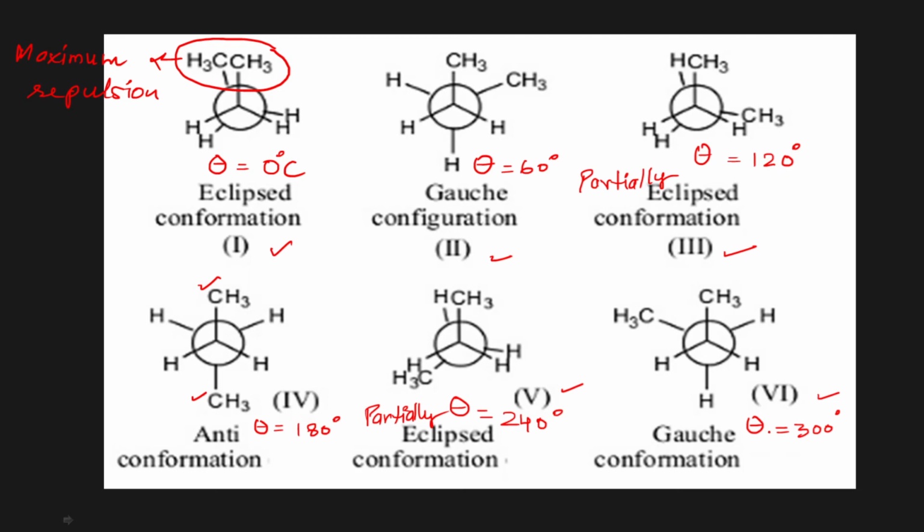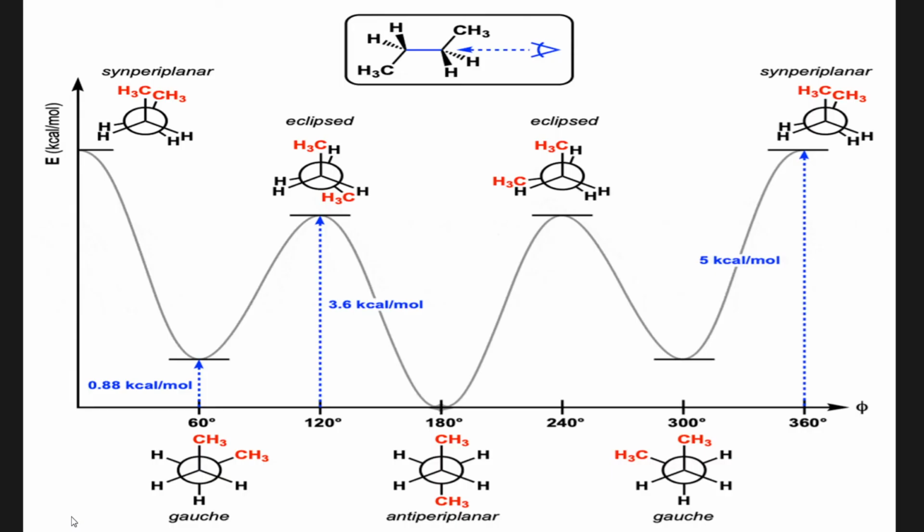Let's try and analyze the energy differences between all of these by taking a graphical representation over here. So this is how our energy analysis can be done. The first structure we are talking of is the eclipsed structure which you had done.